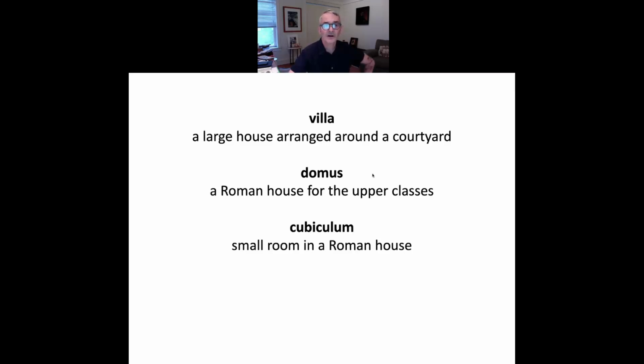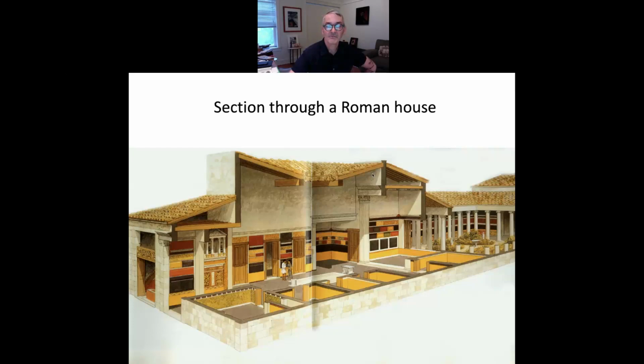Okay, so a villa or via, a large house arranged around a courtyard. Domus, a Roman house for the upper class, and cubiculum, a small room in a Roman house. Here's a section, a reconstruction, I guess an artist's rendition of a Roman house.